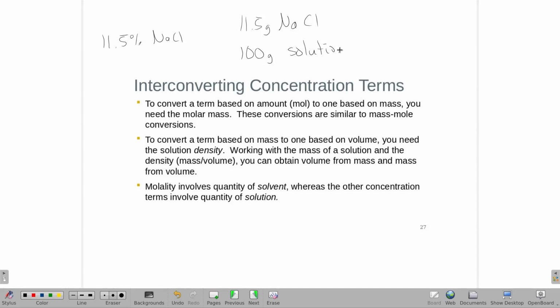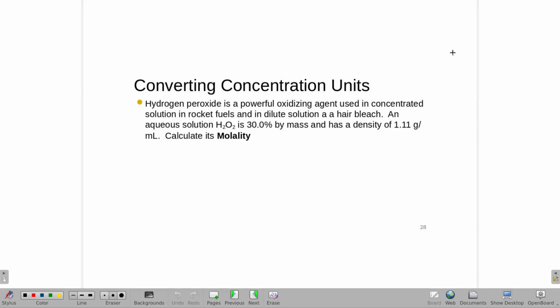And if that solution is just water and sodium chloride, we know this is 11.5 grams of NaCl, and then what would that be? 88.5 grams of water. 100 minus 11.5. So certain ones, because we can pull more out of mass percents, can be a little bit more helpful on turning them into other units. Alright, but we're actually just going to practice some of these so you can see what we're talking about.